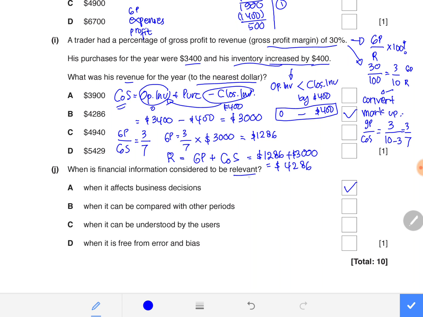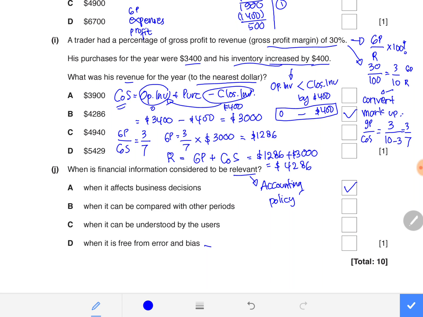Now, relevance is in the accounting policy chapter. Inside accounting policy, other than relevance, we have comparability, reliability, and understandability.